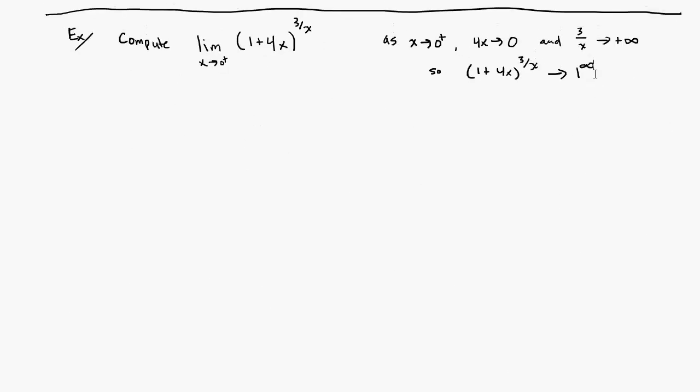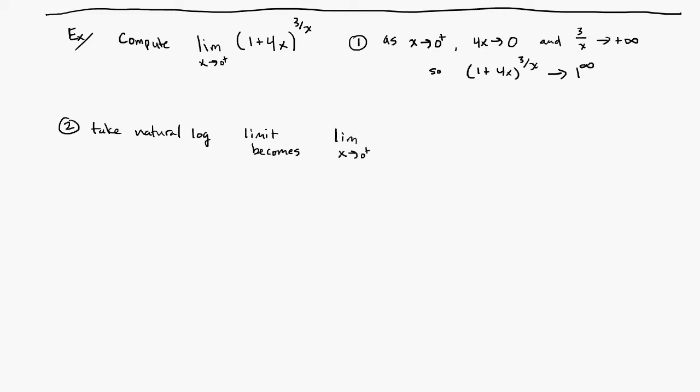Now that we've checked that it's one of the indeterminate forms that we want, we take the natural log. This was the first step. Second step, the limit becomes the limit as x goes to 0 from the right.